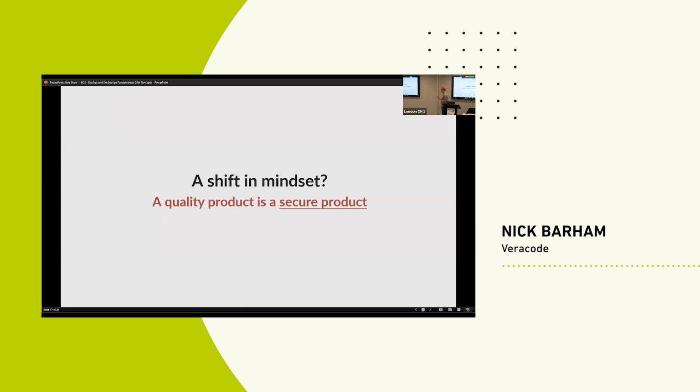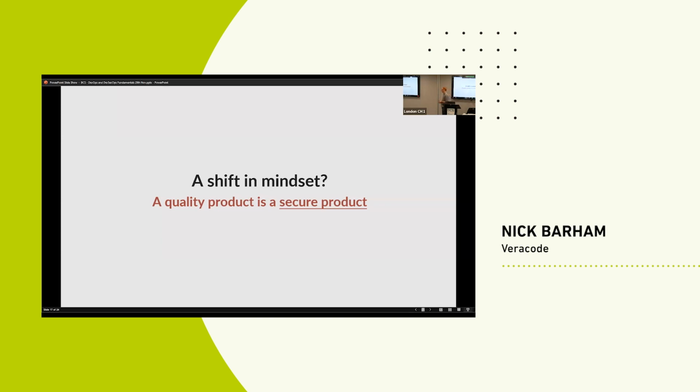And I think a really key part of that puzzle is to have developers, and people who are developing software, whether developers or otherwise involved in that process, start considering that a quality product must be secure. So security is a key component of a quality product.